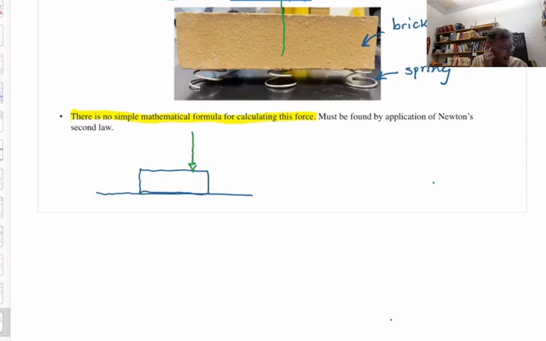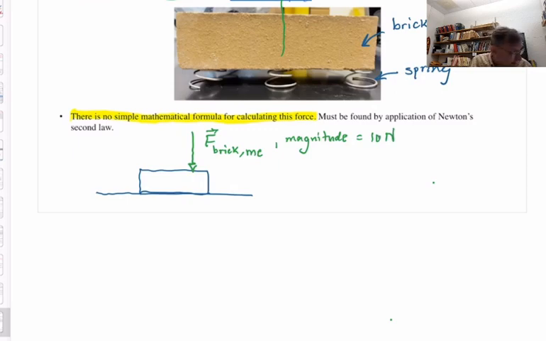Okay, I'm drawing it like that to represent me pushing down. So there's a force from me. I'll label it force on brick from me. And it's vertically down. I'm pushing down. And let's say that I press downward. The magnitude of that force is 10 newtons.